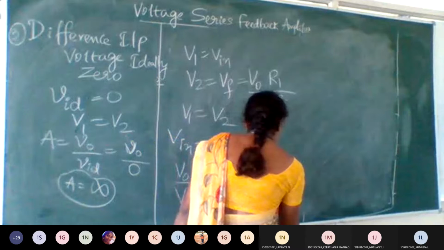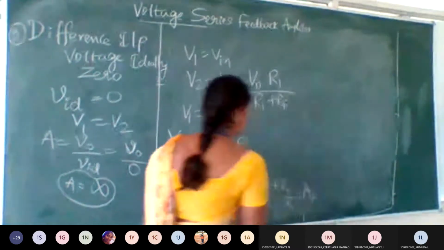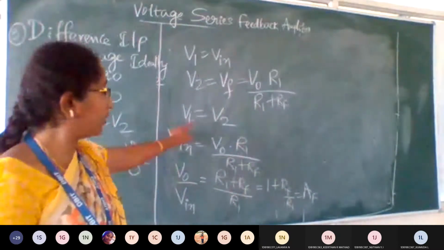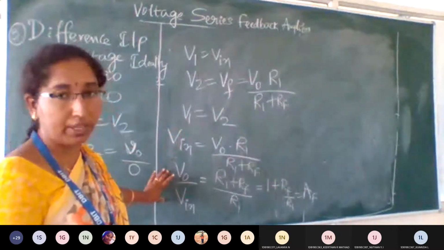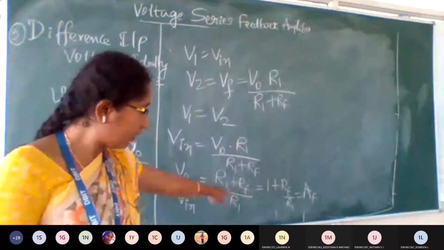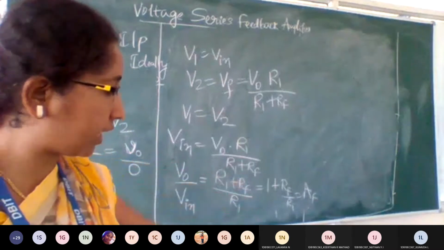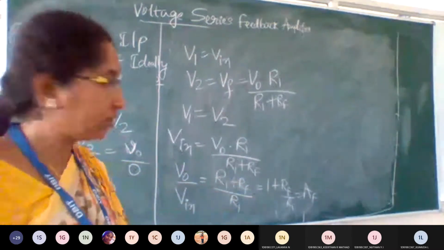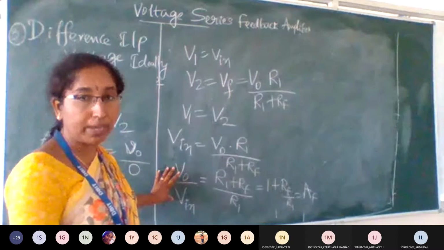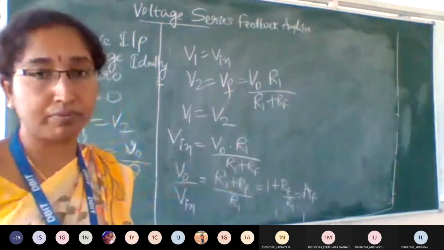This is nothing but your feedback gain. I just equated V1 and V2 and manipulated, so V0 by Vin is R1 plus Rf by R1, which can also be written as 1 plus Rf by R1. You wrote in the beginning that closed loop gain with feedback is V0 by Vin, which I have written as AF.